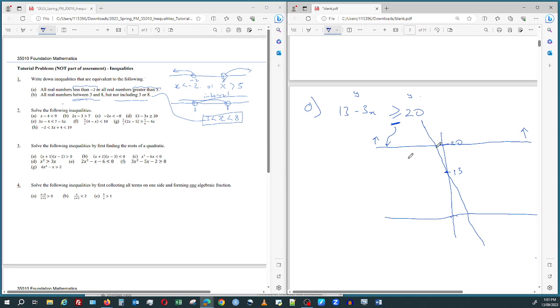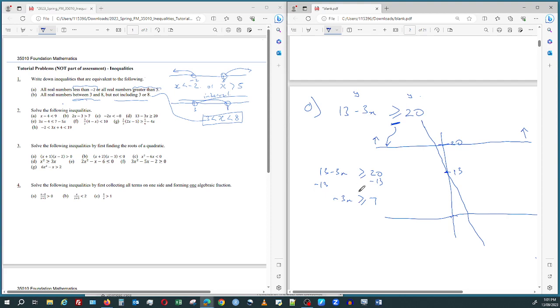But which side? So we need to solve. So 13 minus 3x. So we'll subtract 13, which will bring us to 20 minus 13 will be 7. Okay. And then we can add 3x.